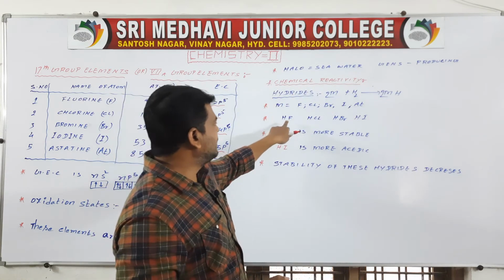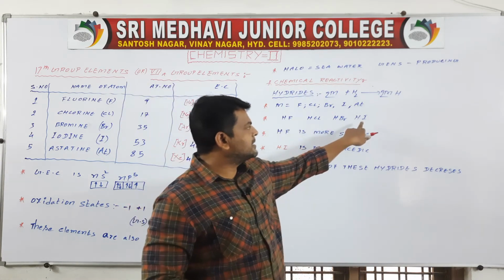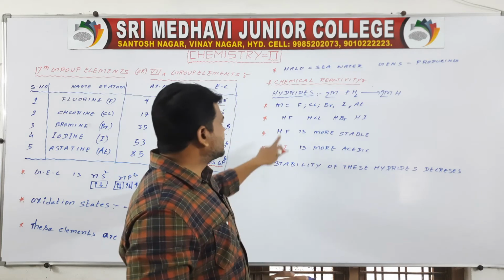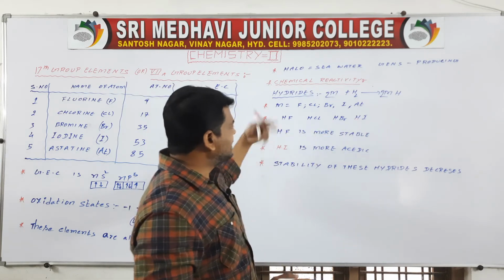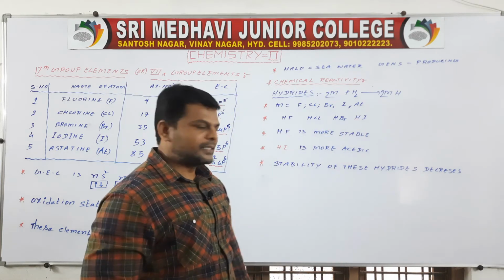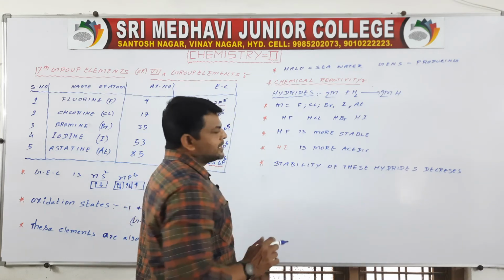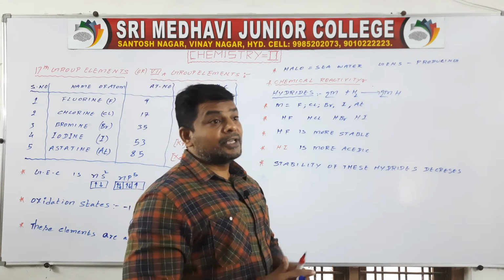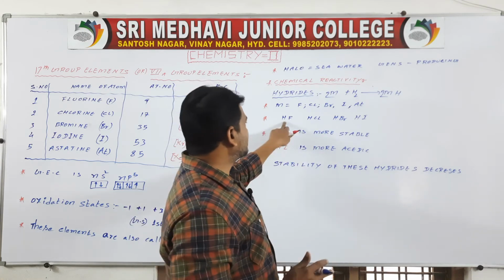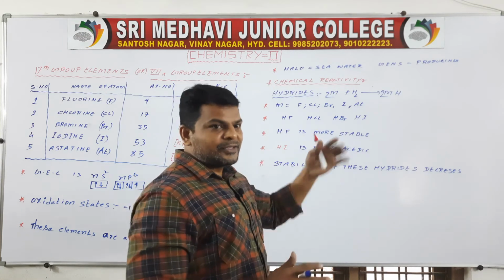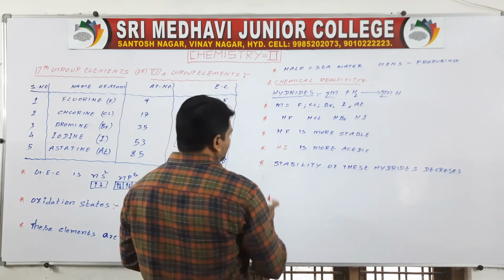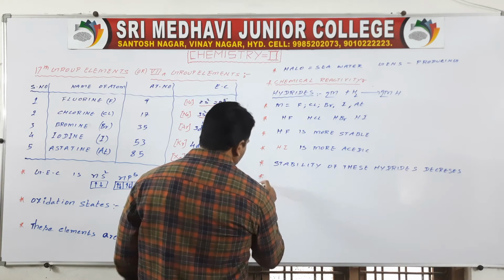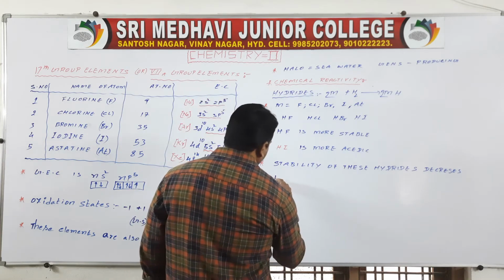Which is more stable? It is more stable. Which is less stable? It is less stable. Which is more acidic? It is more acidic. Which is less acidic? It is less acidic. Reducing character increases.